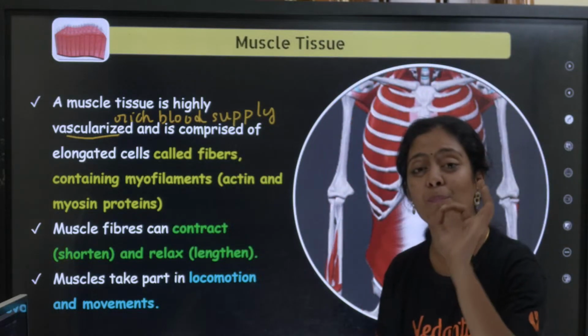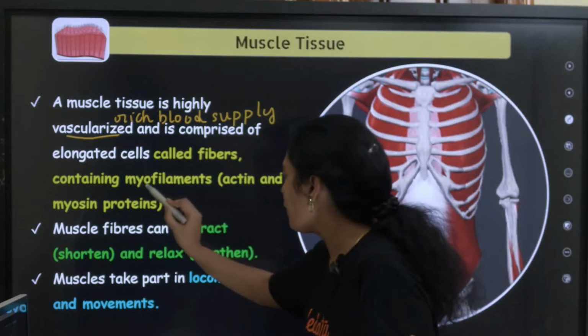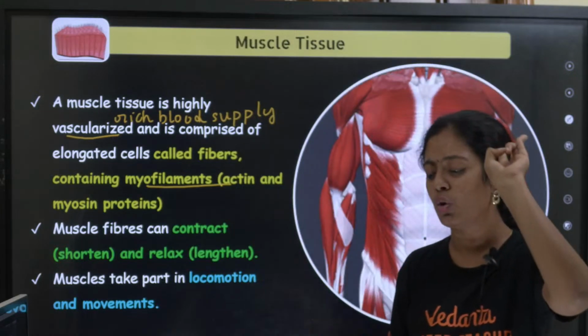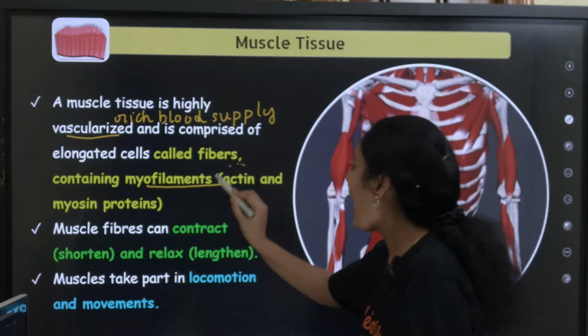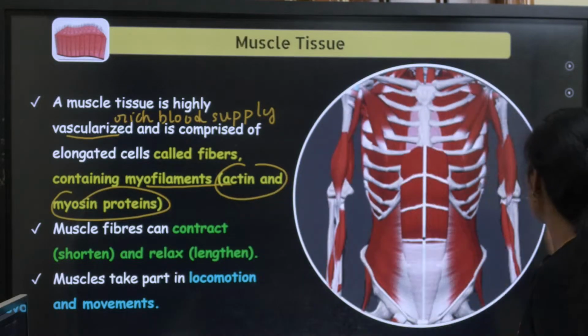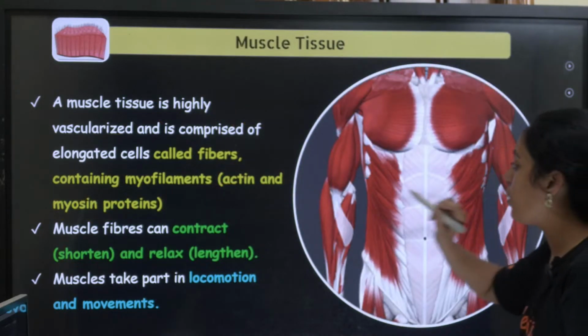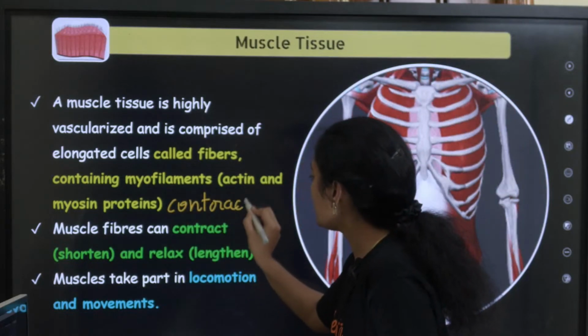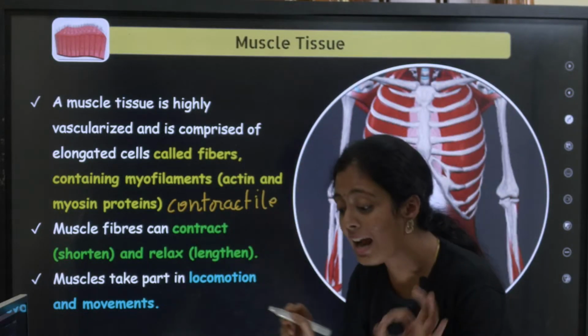Okay, they are made up of fibers called myofilaments. In muscle fibers there are two proteins, very, very important: actin and myosin. Okay, and this actin and myosin protein, we call it contractile protein. What do we call it, guys? Contractile protein.